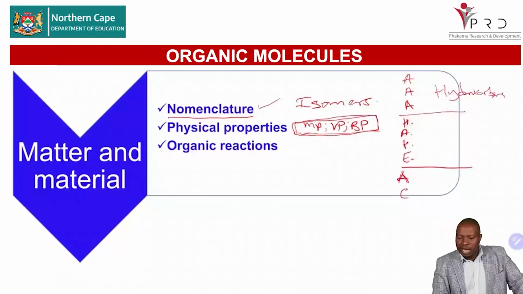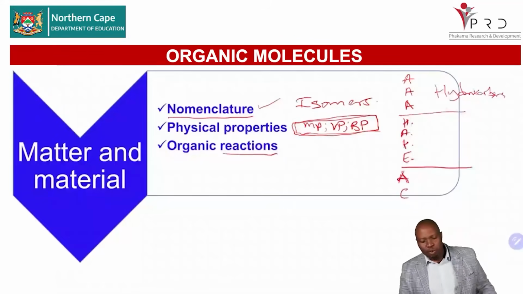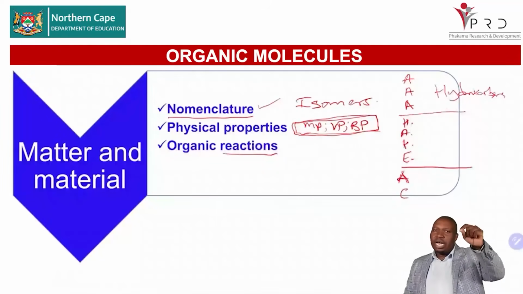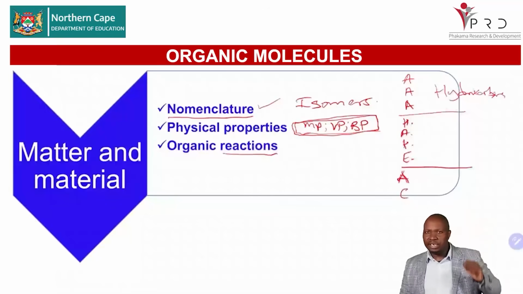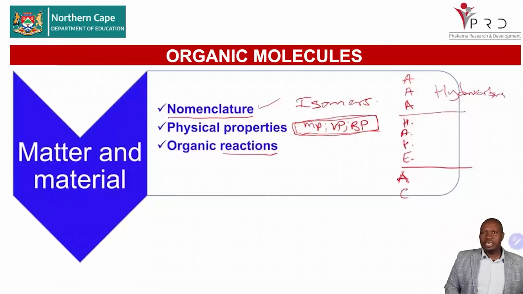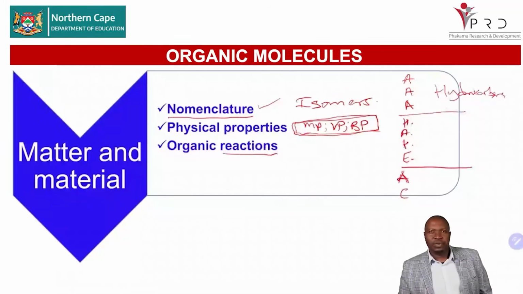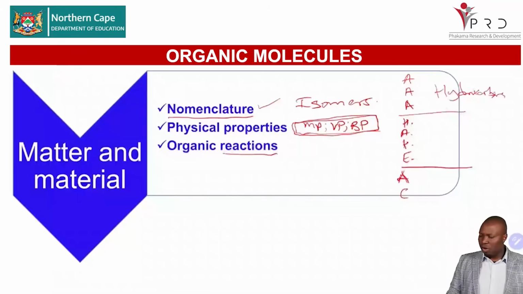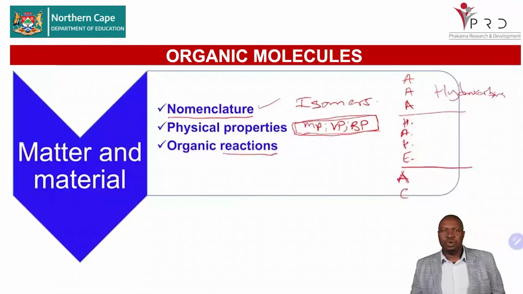And we are saying when it comes to reactions, organic reactions, it's very much important that you understand which homologous series will undergo which reactions. So we're going to look at that to say if we're having this type of homologous series, which reaction will they undergo.